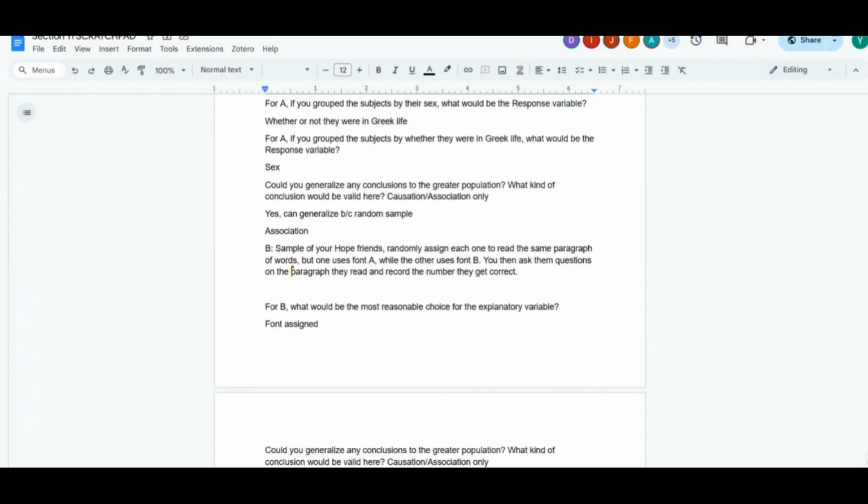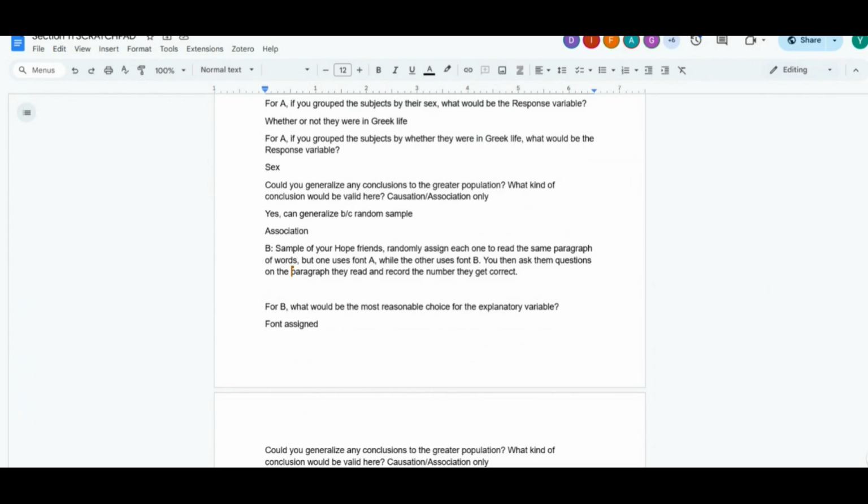Since you all have been so efficient, B, you have a sample of your hope friends. So no mention of randomness, just your hope friends. And this is very much what students do when it comes time to do the project. So you randomly assign someone to read using font A, and other people will get randomly assigned to font B. So you read the identical words, maybe it's a one paragraph story.